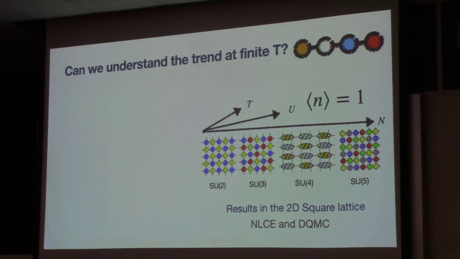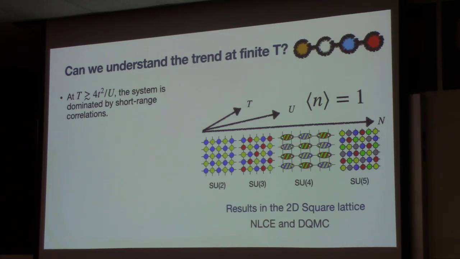So what we focused on here was, if we vary n, vary the interaction and the temperature, but we fix the density, what can we say? What we see is that at temperatures above something called the superexchange energy, which corresponds to the process of hopping to the neighboring site and coming back, the system is just dominated by short-range correlations, like the ones we previously discussed.